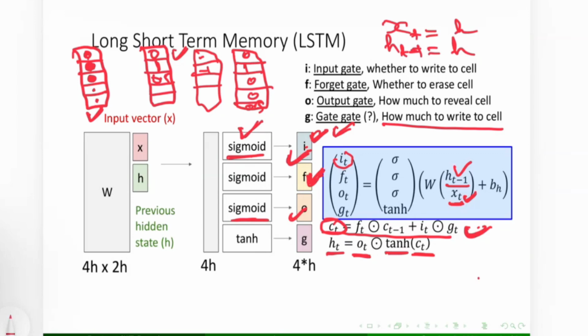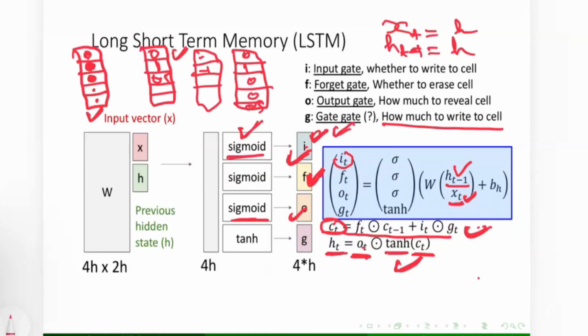So since CT is already catching that, I'll just consider HT for short term. And for short term, I don't want everything from the long term relationship. In the short term, I just want the short term relationship. And that is being controlled by your OT. So OT will just decide how much to reveal from this cell state. So apply tanh to CT and then do the element wise multiplication, and that will give you HT.